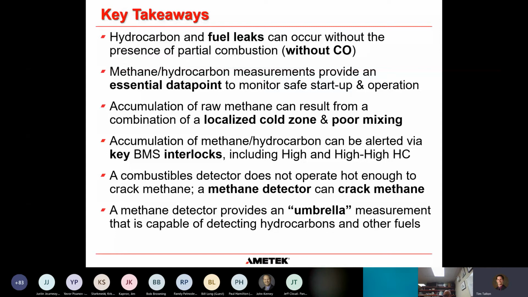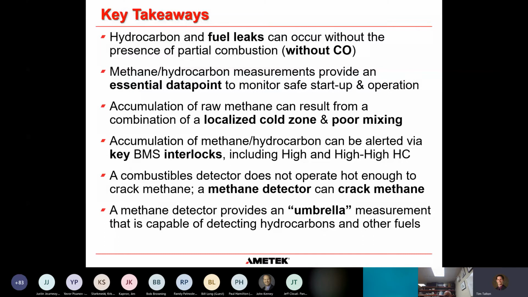You really need a methane detector to crack methane and also to monitor for other types of hydrocarbons, especially methane, obviously, because you need to operate hot enough for methane, ethane, and those types of hydrocarbons. And finally, the methane detector provides that umbrella measurement for detecting hydrocarbons, other fuels, and also hydrogen at that higher level.